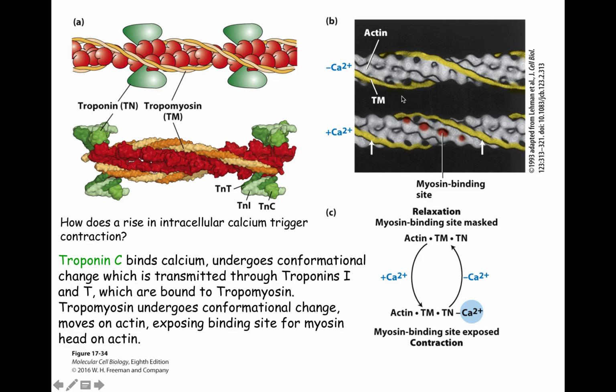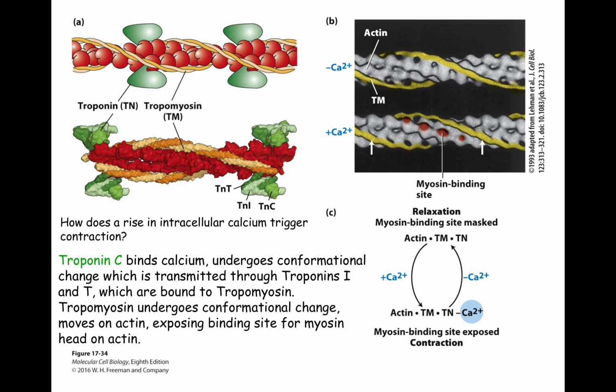And when calcium is gone, it covers those myosin binding sites up. So calcium has to be present in order for myosin to have a place to bind on actin. So the previous slide where we're talking about the power stroke and all that sort of stuff, that only happens when calcium is around. And if calcium isn't around, there's no place for myosin to bind on the actin. And that's the key involvement of calcium.